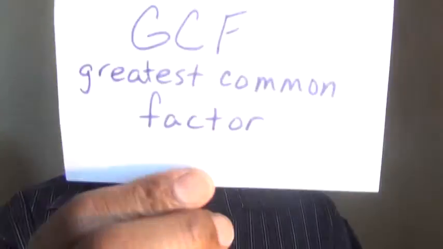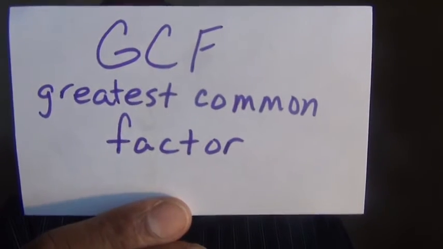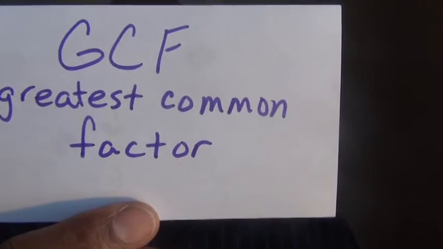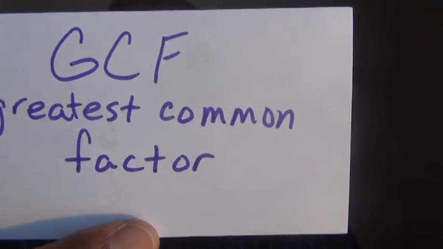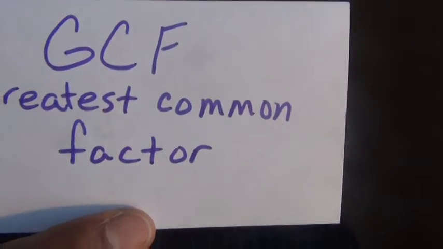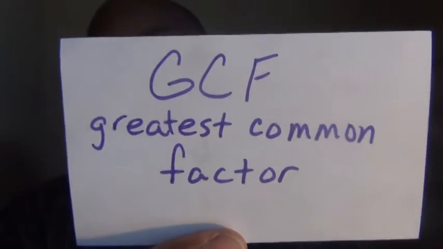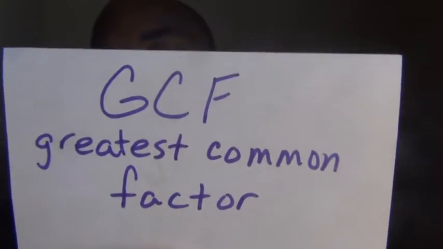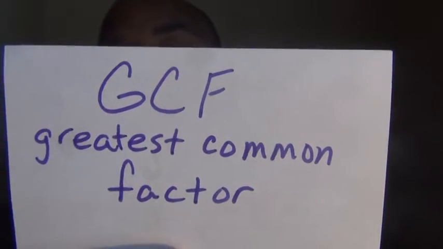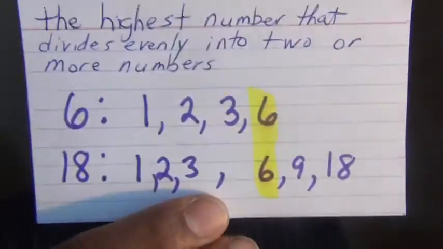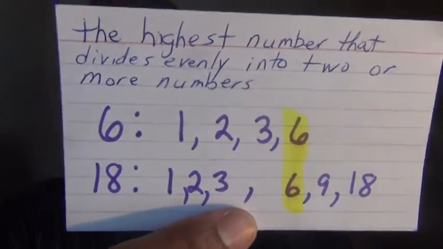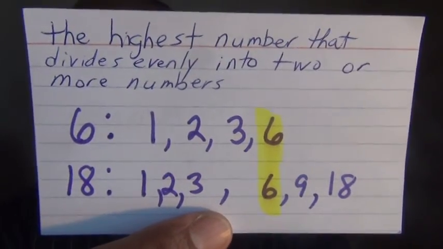You will also be asked to find the greatest common factor when you work with fractions. The greatest common factor is the highest number that divides evenly into the two or more numbers being compared. So you list the numbers that can divide evenly into each number, and you find the biggest number that is in both lists. In this case, I'm looking for the greatest common factor of 6 and 18.